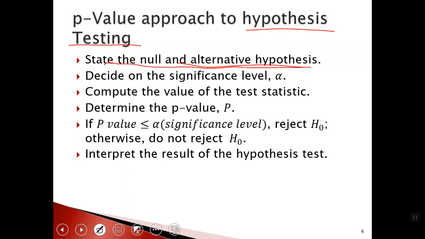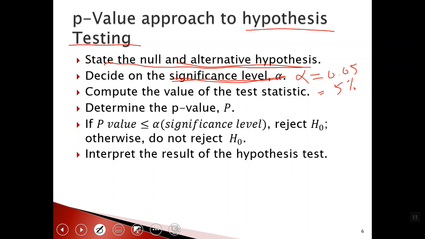Don't forget, you must mention them first. Then decide what your alpha significance level is. If they haven't mentioned it in the question, you can easily consider alpha equal to 0.05 or simply 5%.